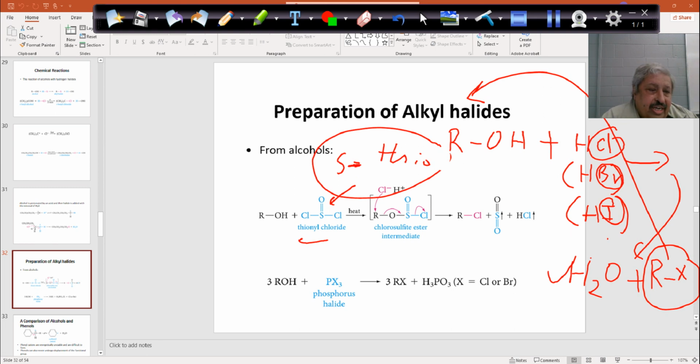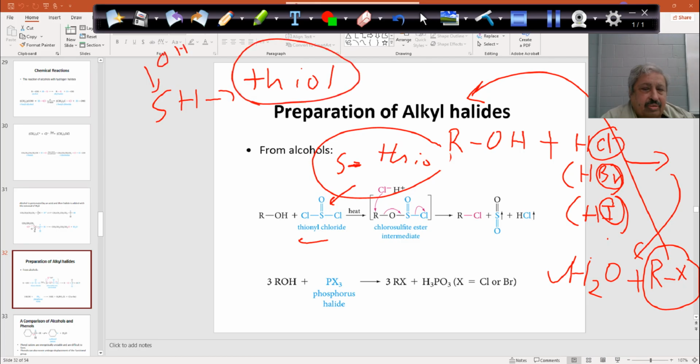And if it has SH here, that will be thiol, replacing the OH of the alcohol. So you have thionyl chloride, correct?